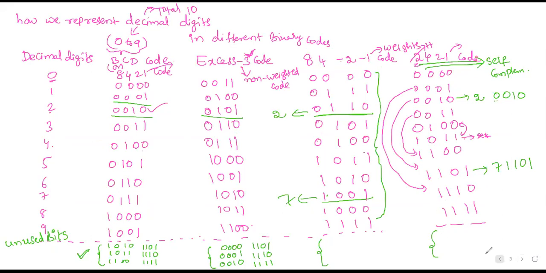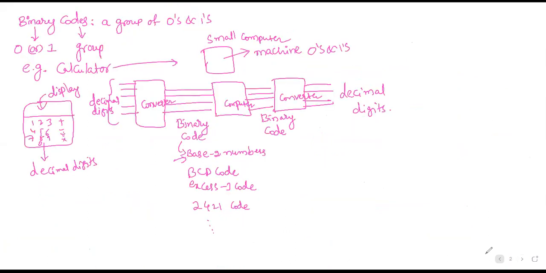So here in today's class, we discussed the binary codes. Binary codes are nothing but a group of zeros and ones, and we do not have a unique way of representation. We have different ways of representation for each decimal digit.